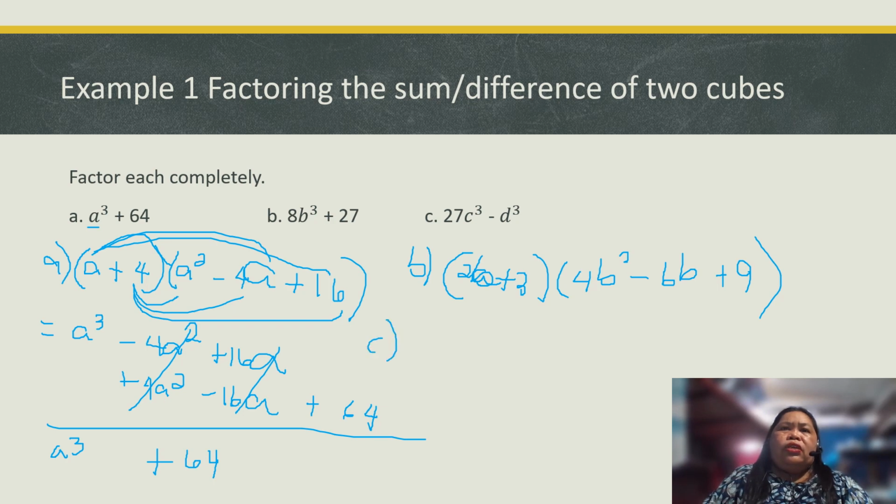Then for letter C, we have 27c cubed. The cube root of 27c cubed is 3c, minus d.